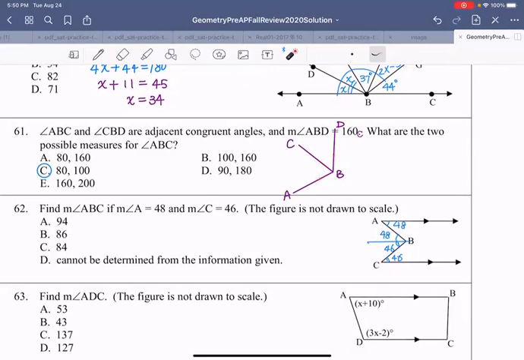If they are congruent and they say ABD is 160, then ABD is 160, so that guy is 160 and this guy is 80, correct? But what's going on that they put another angle there? What does that mean? First, for sure, you know 80 is one of the choices. So E will be wrong, B is wrong, and D is wrong, correct?